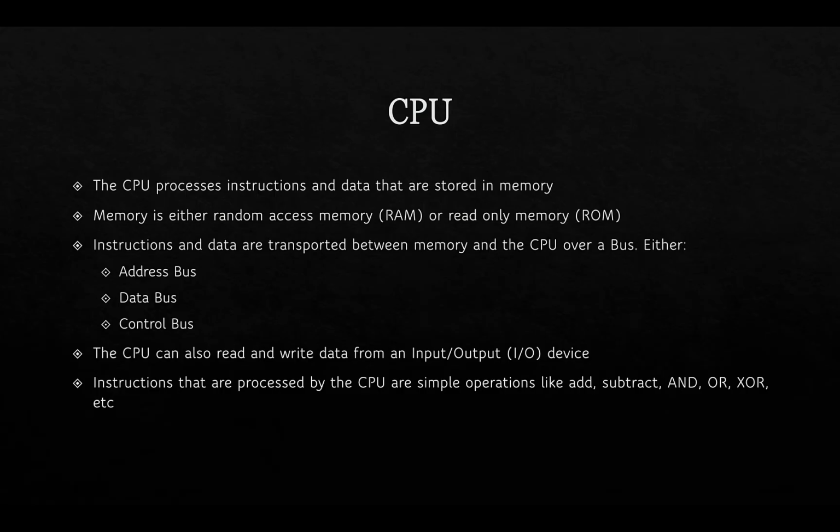The CPU can also read and write data from input-output devices, which might include things like printers, or other devices that you've connected to the computer. Instructions that are processed by the CPU are based on simple operations like add, subtract, and the logical operators and, or, and XOR, etc. This is part of an instruction set, and depending on the chip, the instruction set will be slightly different.